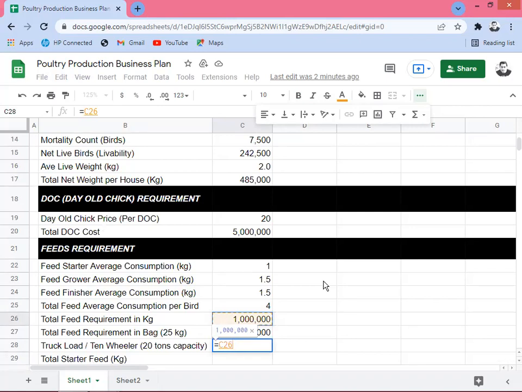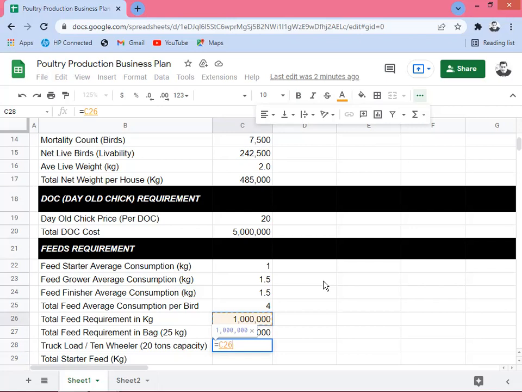It could be open or flatbed trucks, or closed van trucks. But these trucks are not insulated because we're just loading the feeds. It does not need temperature-controlled trucks, so it's not a refrigerated truck.